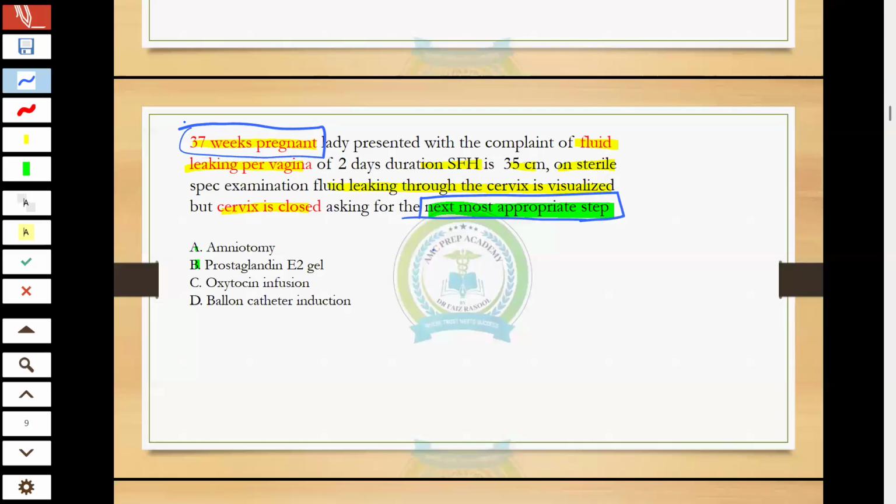Then they give a medical history, past history, and so on, but a few things are important. You have to focus on that. This patient's cervix is closed, and fluid leaking through the cervix is visualized on speculum examination as well. So, the next most appropriate step?